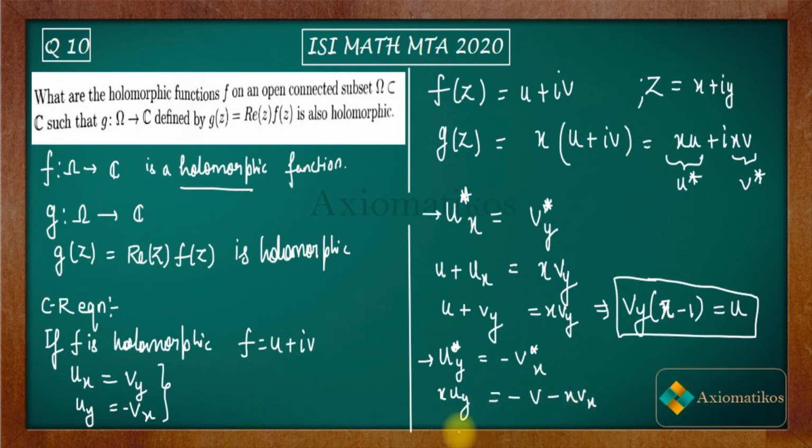Now you know that u_y is the same as minus v_x, so I am replacing u_y with minus v_x. Taking v_x to be common, there is x over here, and I thought I made some mistake. Let me check.